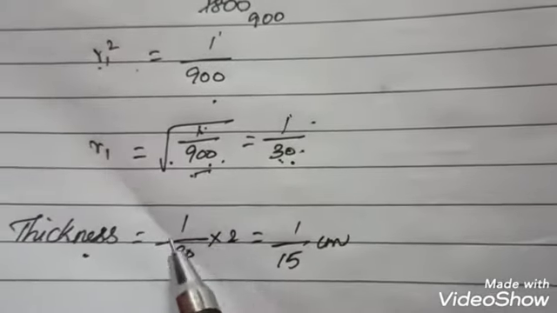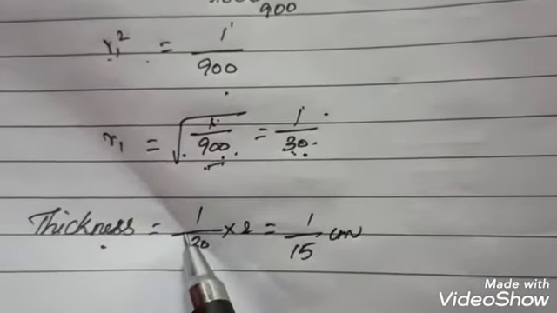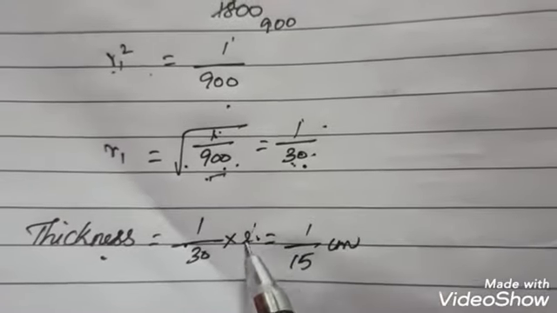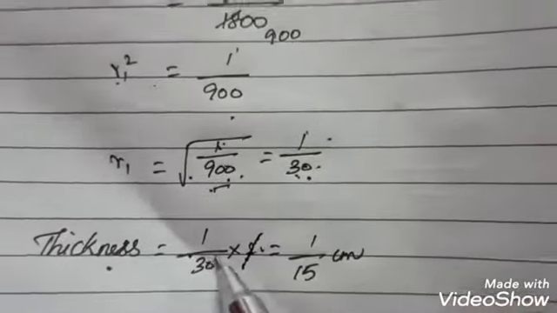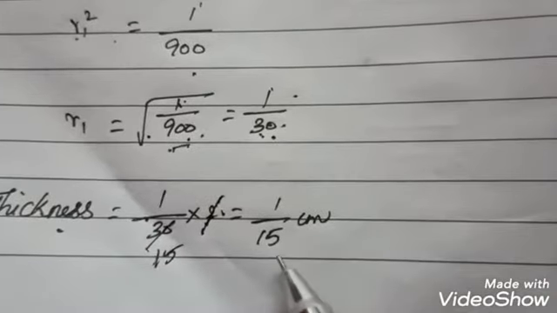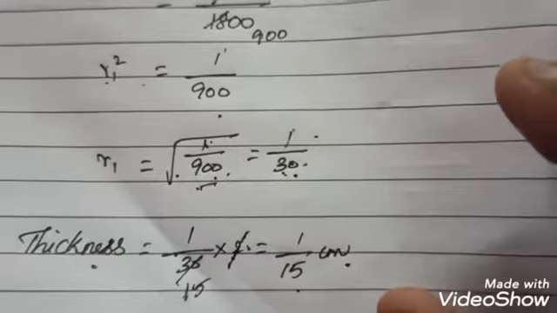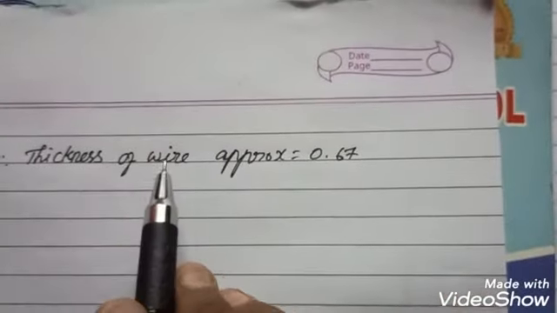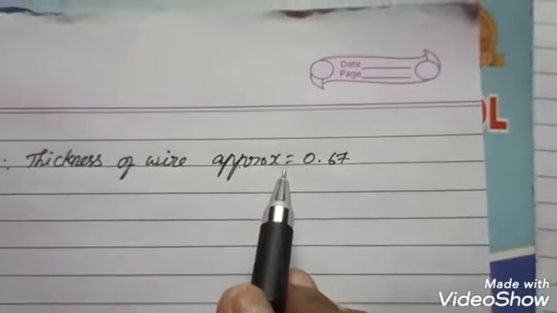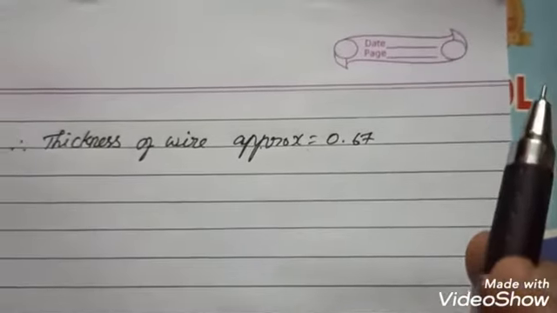So I multiply with 2: 1 2 is 2, 15 2s are 30. You get 1 by 15 centimeter. So this is the thickness, which is approximately 0.67.